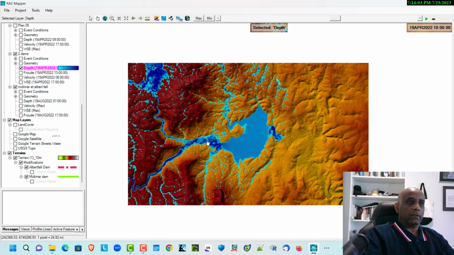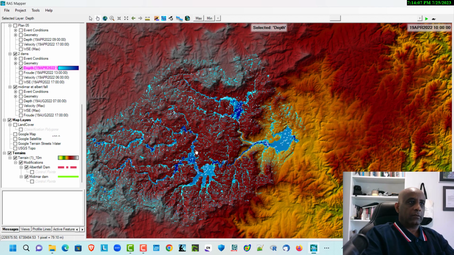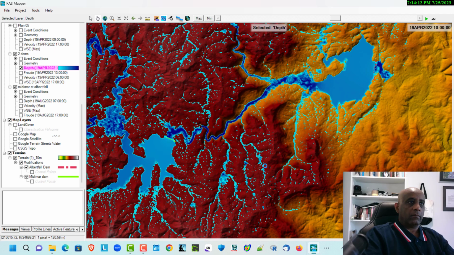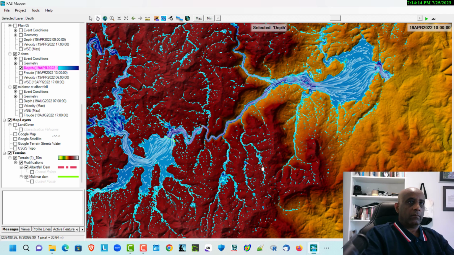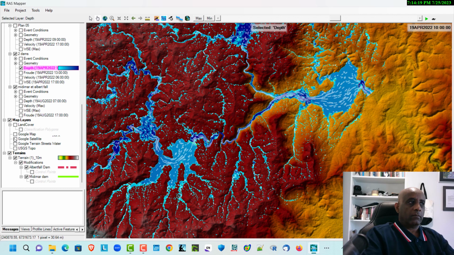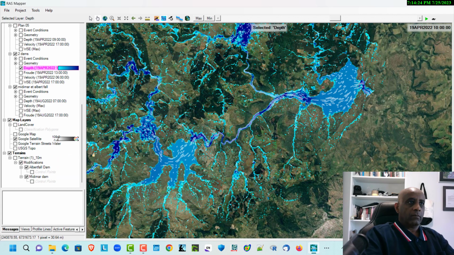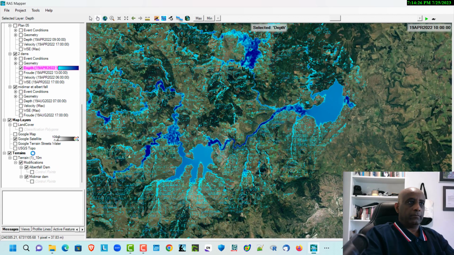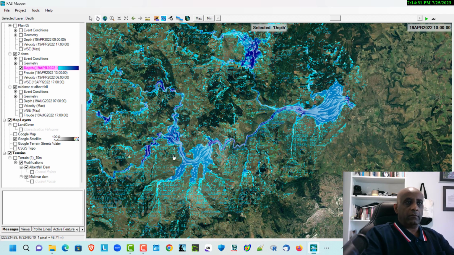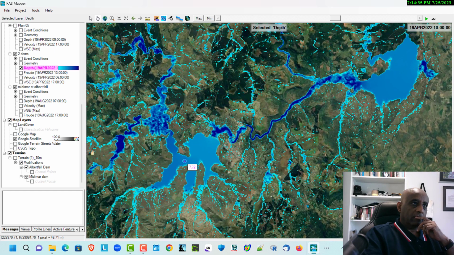That is HEC-RAS, and HEC-RAS is wonderful software. HEC-RAS also brings the Google satellite, Google Map, and so on. It's very, very comfortable and easy to use.